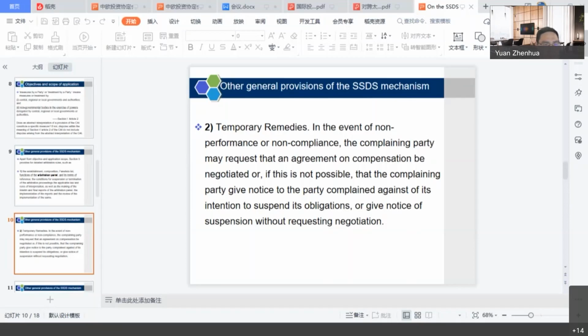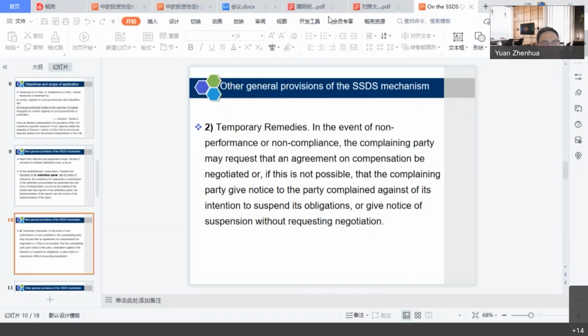So the current state-state dispute settlement mechanism only seems to apply to disputes relating to both the application and interpretation of the CAI, and the losing party is obliged to take measures to remove the inconsistency of the measures complained of with the CAI, excluding compulsory monetary compensation.